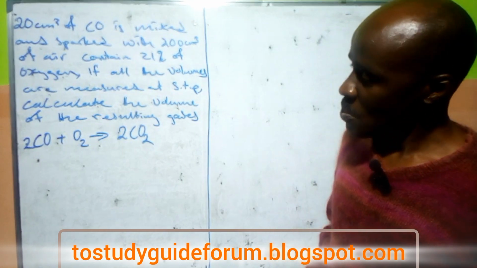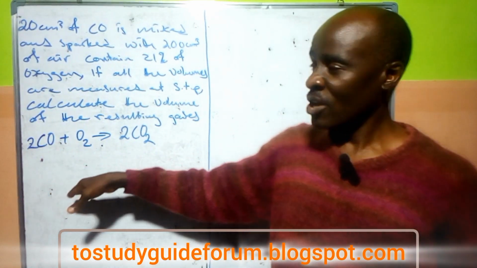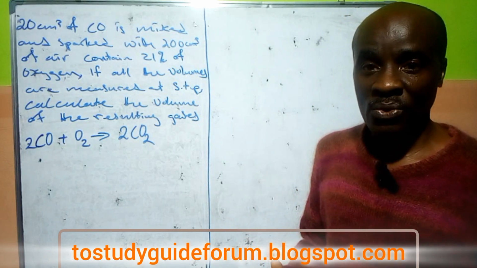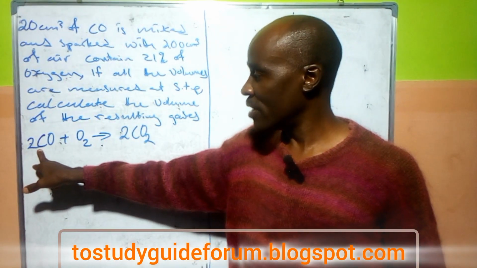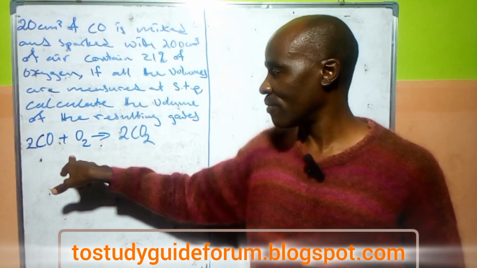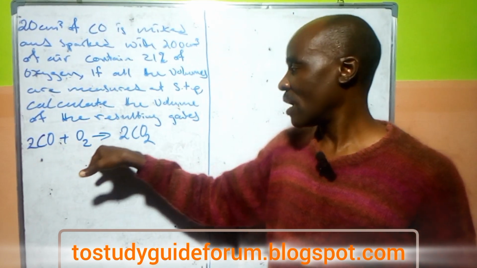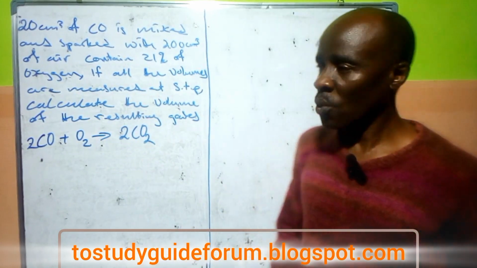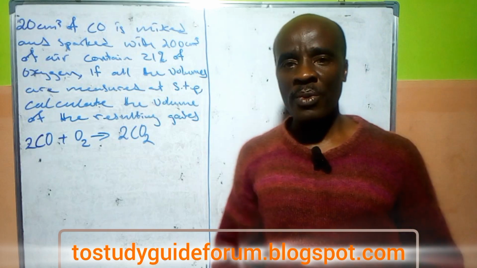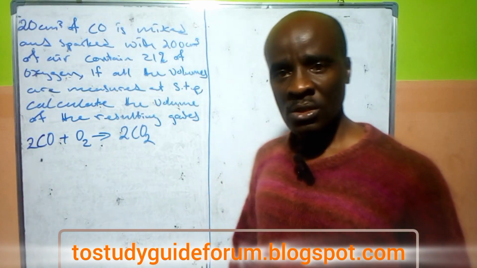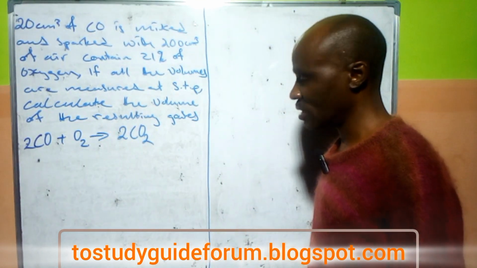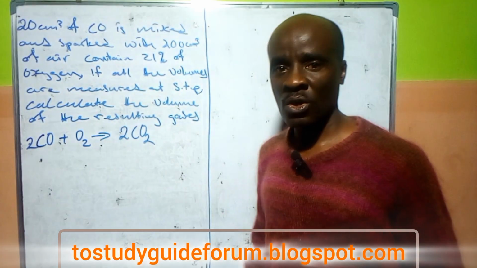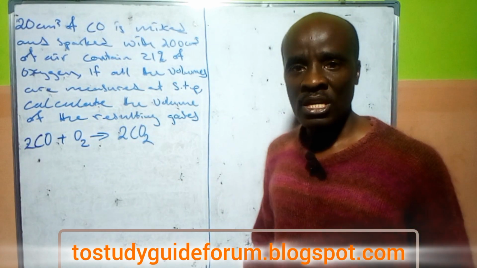So looking at the chemical equation we have here, when gases combine in a chemical reaction, they combine in a volume that is in simple ratio with one another and with that of the product. That ratio is what is maintained. So based on what he has stated, we'll be able to solve some problems using the law he has already established. In that case, we are going to use it to solve this question we have on the board, to see how we can apply it in solving problems.